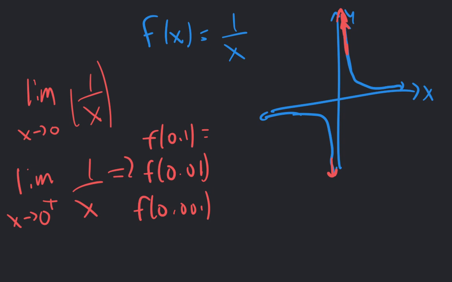So if we have 1 over 0.1, 1 divided by 0.1, we can say, okay, well, that's just 10 to the negative 1, and then rewriting that as 10 to the negative of 1, which is just 10 to the 1.